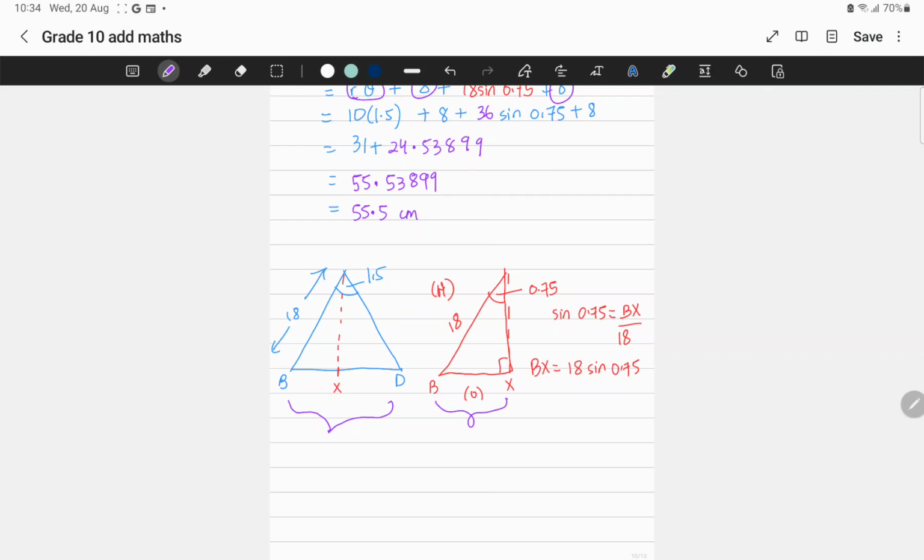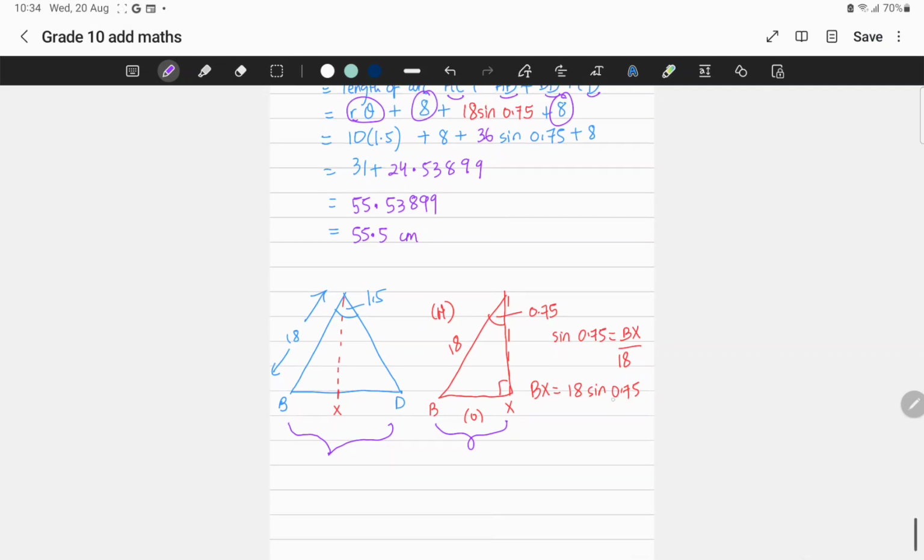Okay, I just corrected something here because BX will be 18 sine 0.75 because you're going to use trigonometry. And then what we're going to get is BD would be 2 times BX because we've divided it by 2. So 2 times 18 sine 0.75, which will give you 36 sine 0.75, et on va remplacer ça dans l'équation.